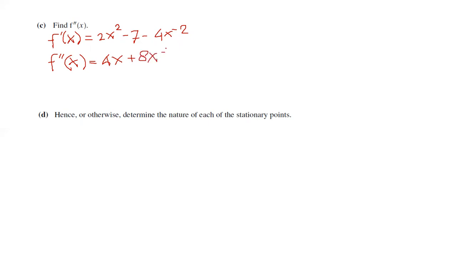So next, find the second derivative. Recall that the first derivative is 2x squared minus 7 minus 4x to the power negative 2, and the second derivative, or second differentiation, becomes 4x plus 8x to the power negative 3.